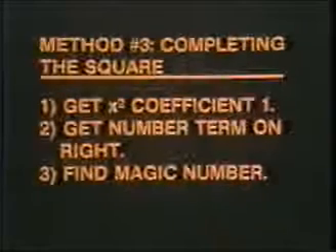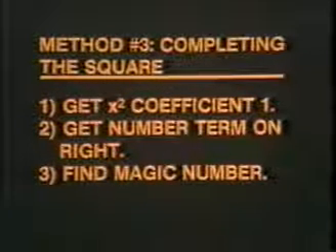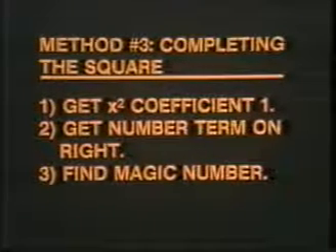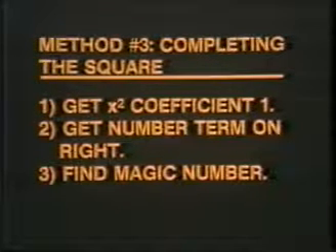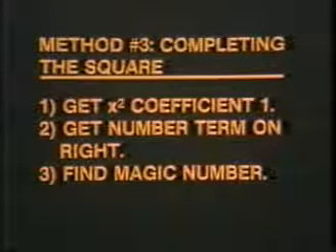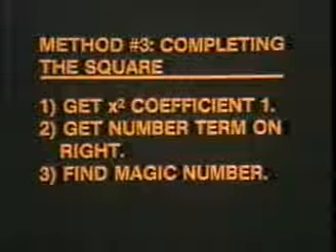Congratulations, you have now seen every one of the steps used to solve a quadratic equation by method number 3, completing the square. Take a look now carefully at all 7 steps.